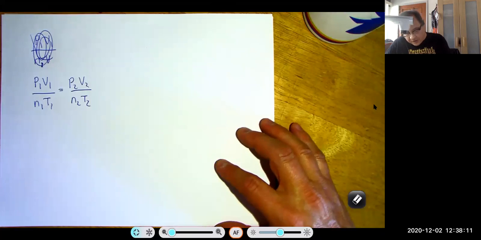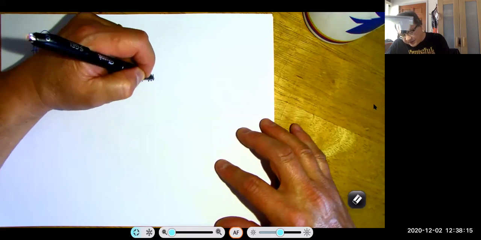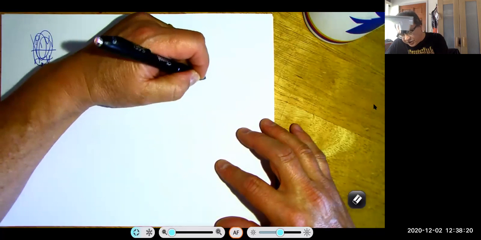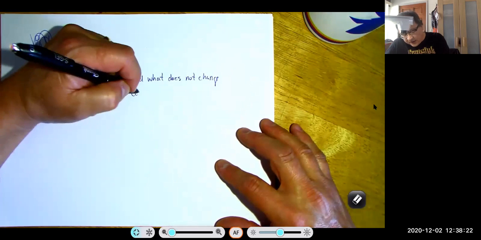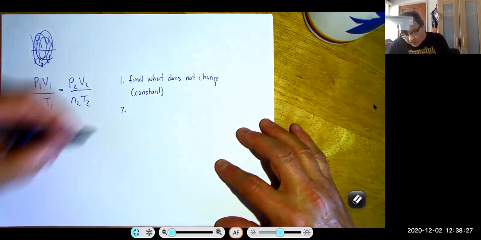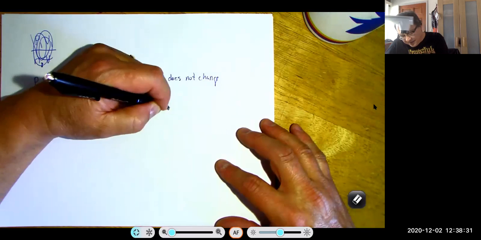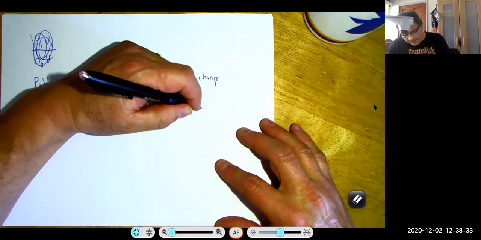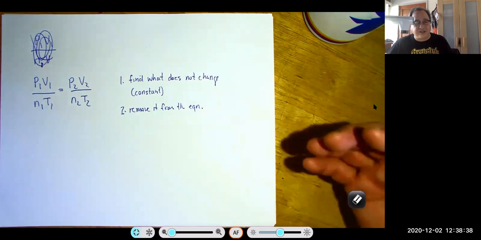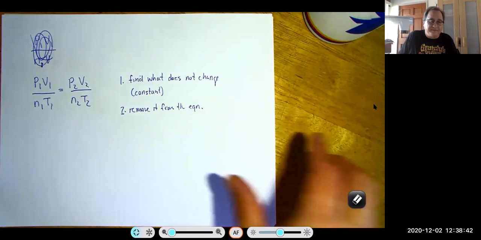The way you use this equation is find what does not change, or in other words, what is constant. Remove it from the equation. And that's it. Find out what does not change, remove it from the equation. And you get the right law.